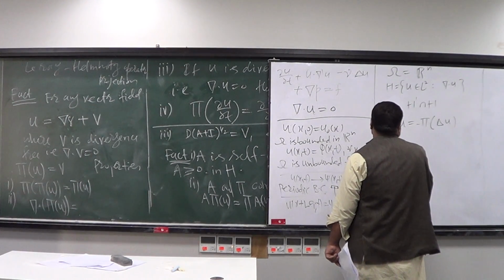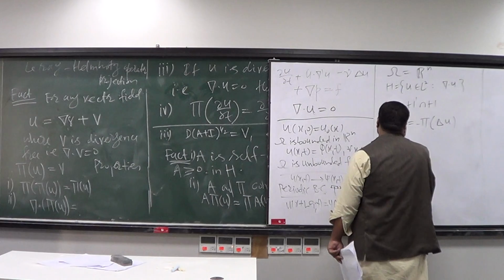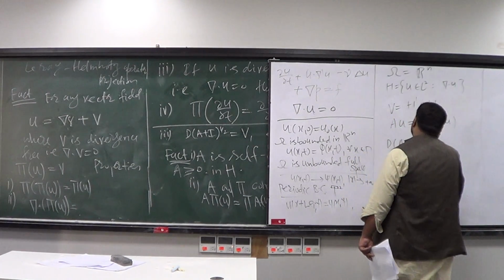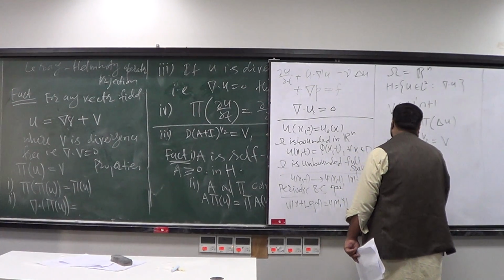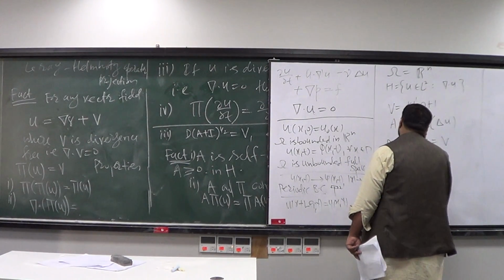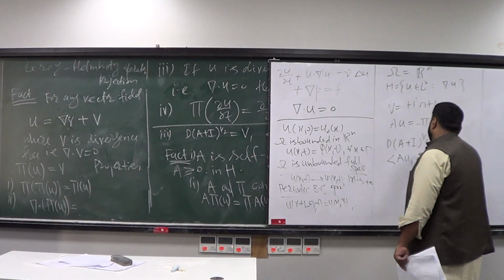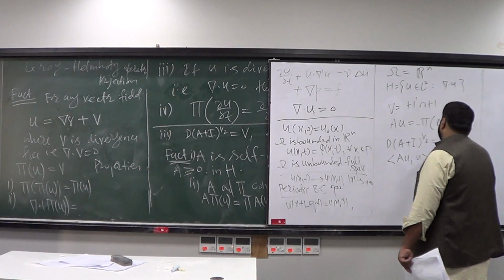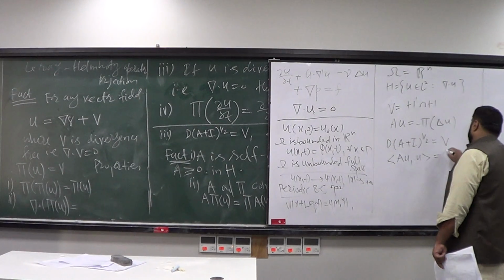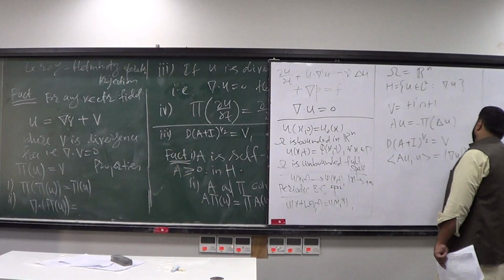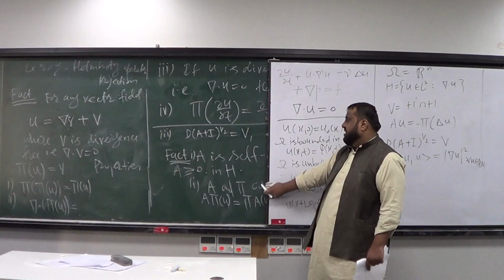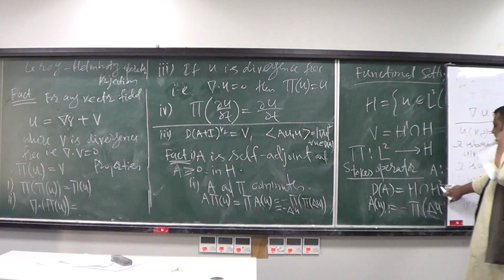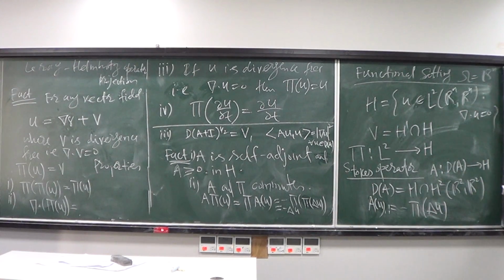Another important fact is the domain of A to the power 1/2 is V, and the duality product, the inner product of Au with u, is equal to the L2 norm of the gradient of u squared, for all u in the domain of A. So these are the two properties that I'm going to require later on.